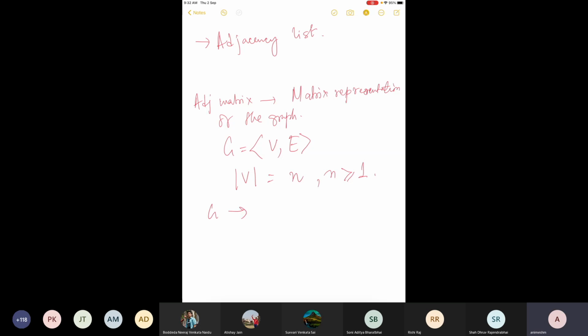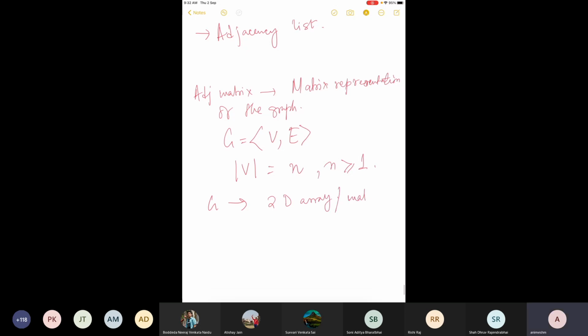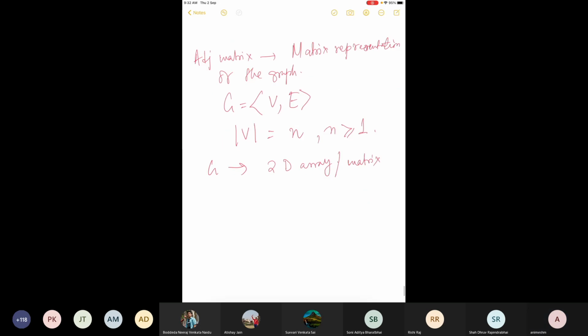G is typically represented as a 2D array, or matrix, such that each entry Aij is equal to 1 if and only if the corresponding nodes Vi, Vj in the graph form an edge.